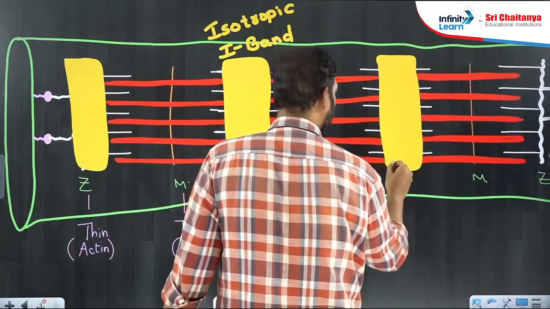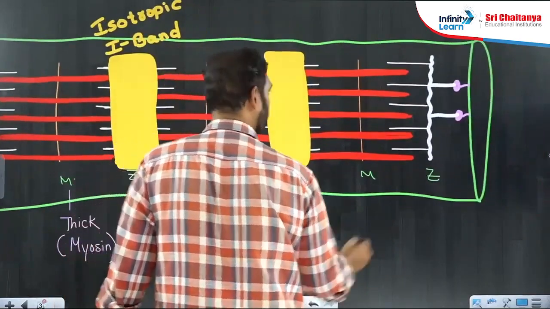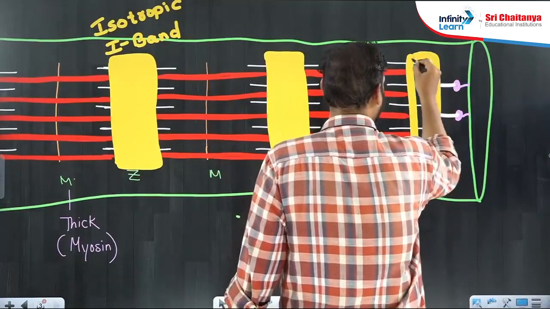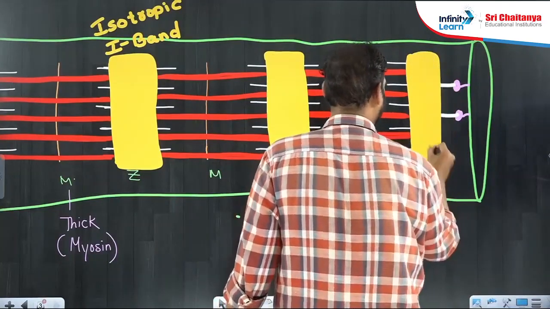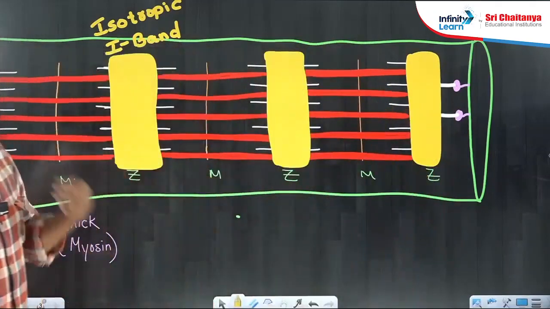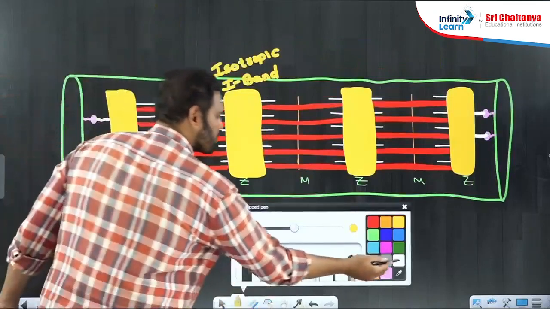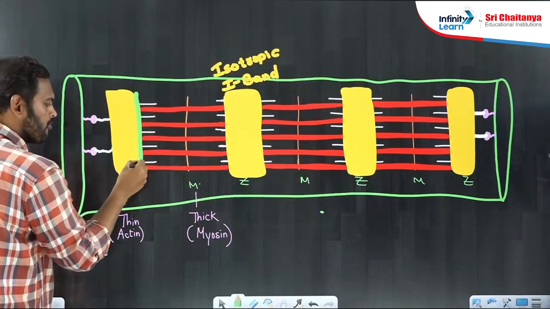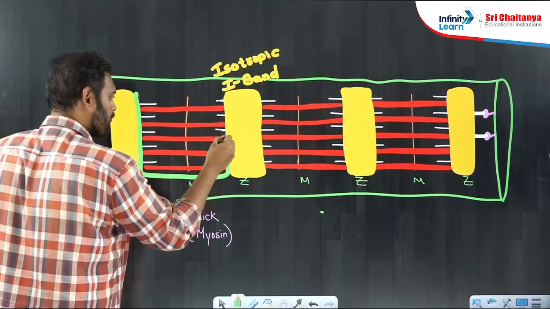You can remove color at any moment, don't worry. Here also isotropic. Done. Whereas at this point you can see presence of both thin and thick filaments, right?